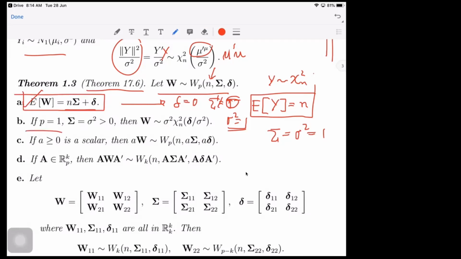So if P is 1 and your sigma is greater than 0 or is positive, so in general, it is chi-square, but you have a non-centrality parameter here, which is equal to delta over sigma squared. Again, delta here is mu prime mu.